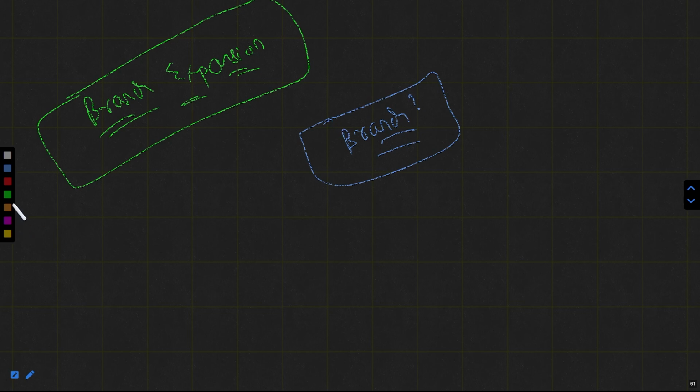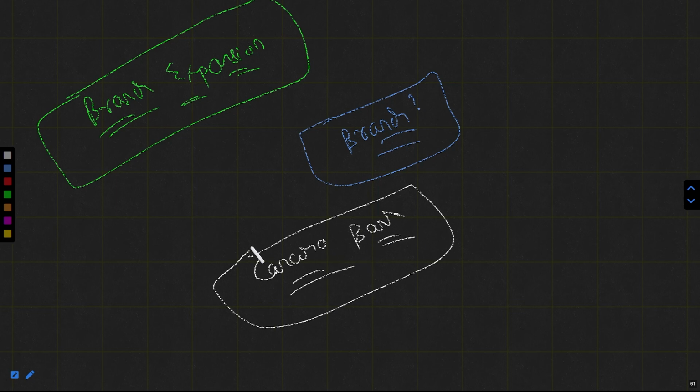Let me give you an example. Suppose we talk about Canara Bank. Where was Canara Bank established? It was established in Karnataka, right?